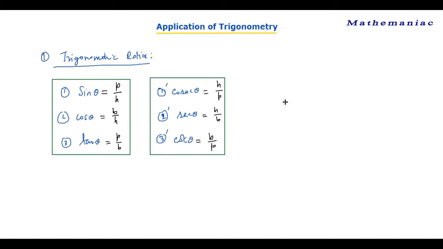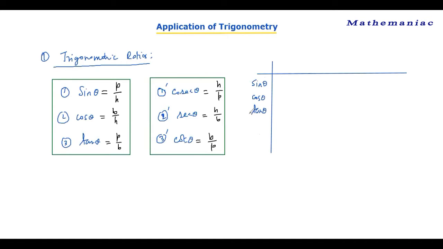Let me draw 2 lines in order to make it a little systematic. Here I'm going to write the ratios: sine theta, cos theta, and then tan theta.